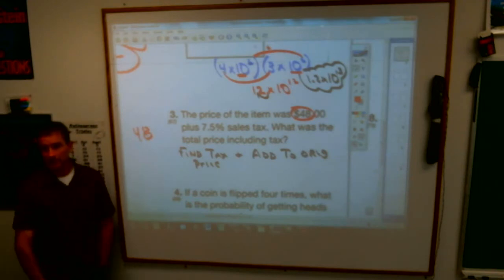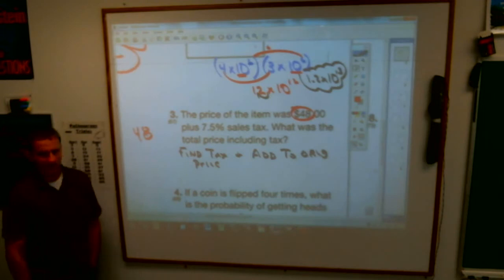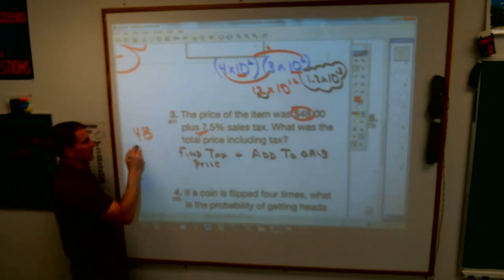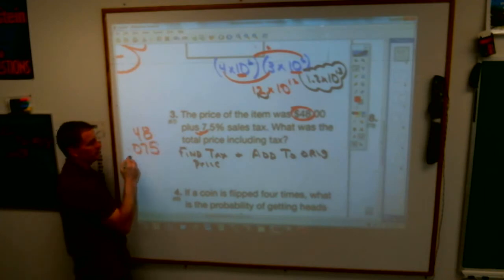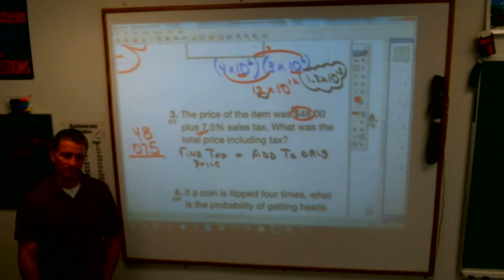Percents and decimals are not the same. 7.5% is what decimal, Jenna? 0.07. Yeah, you just move the decimal back 2 places. This is 0.075.